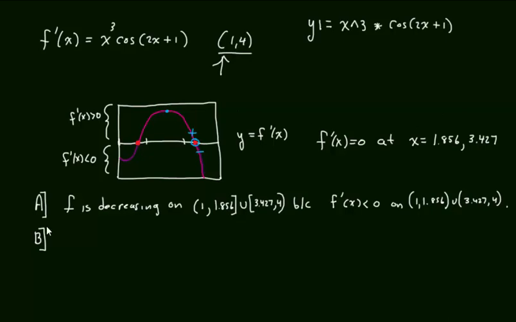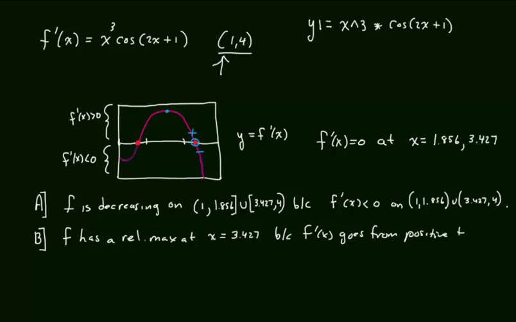So we will say now that f has a relative max at x equals 3.427 because f prime of x goes from positive to negative at x equals 3.427. It is really important to note that you needed to write this on your page somewhere.